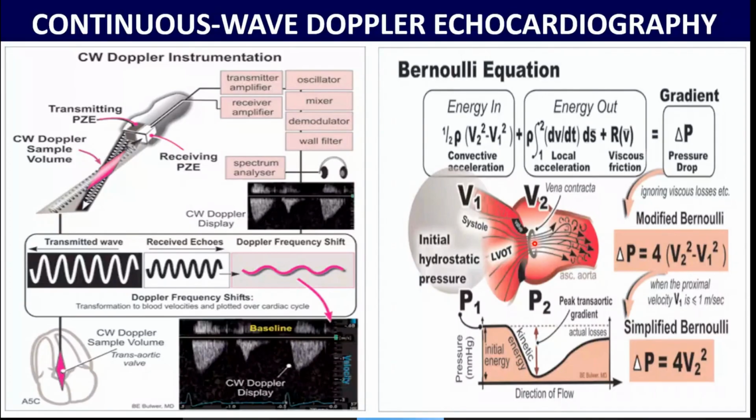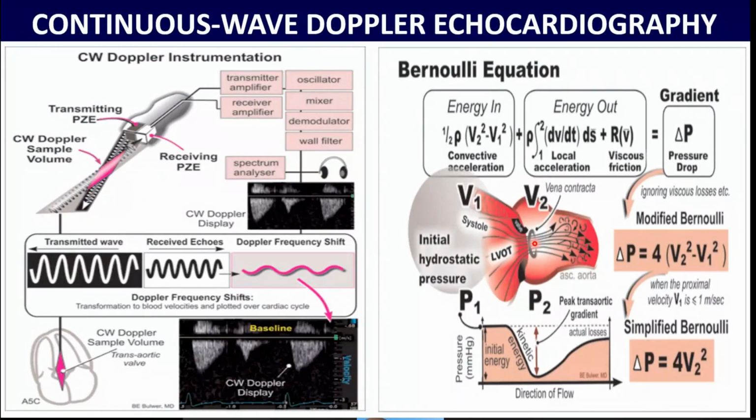This is because of 2 reasons. One reason is that in echocardiography, we are measuring the instantaneous pressure gradient in a given cardiac cycle. Whereas in the catheterization lab, we are measuring the peak to peak gradient, that is the LV pressure measured in one cardiac cycle, and then the aortic root pressure measured in the next cardiac cycle.